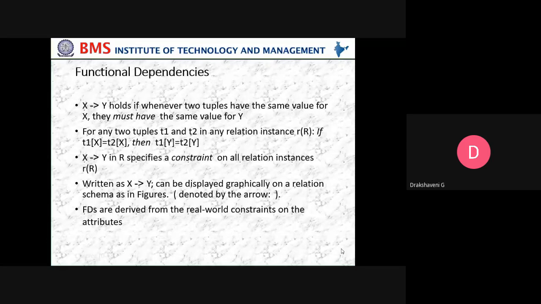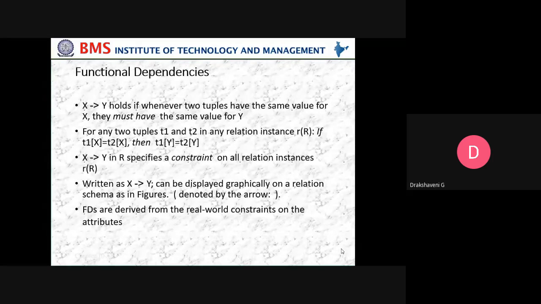Whether it is a small or a very big project, you definitely require a database. A database is nothing but your tables. So how should the tables be? That's what we are seeing in this chapter, functional dependencies and normalization.